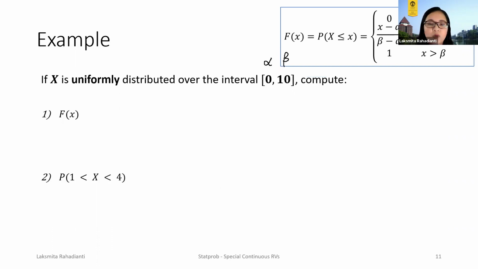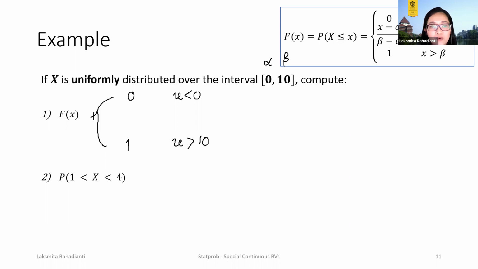So if we were to compute the CDF, let's just do that immediately. It would obviously be 0 for X lower than 0 because our interval starts at alpha, 0. And it would be 1 for all X larger than 10 because that's when we stop having the uniform distribution.